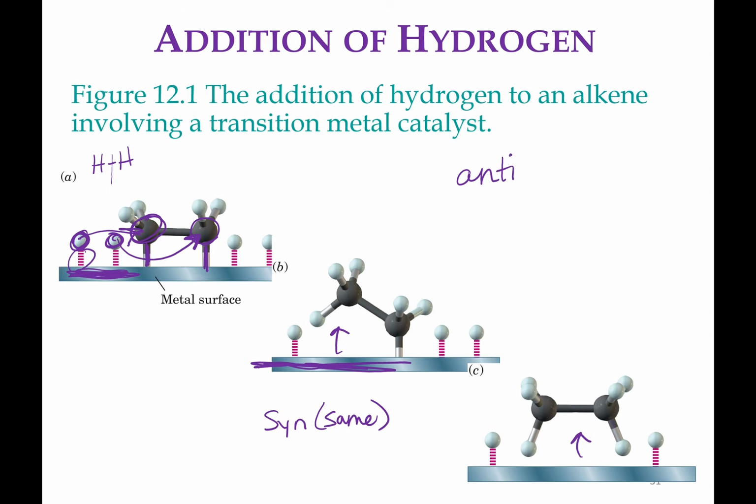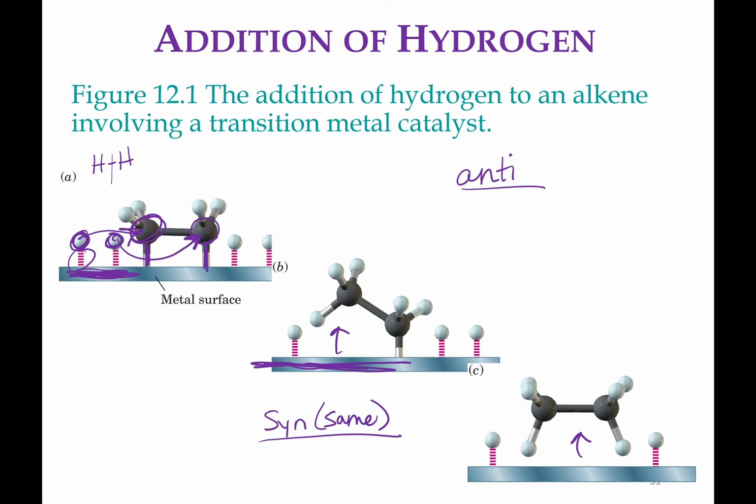So you can actually have a syn and an anti-product depending, not in this case, but depending on the molecule. And remember, if you're taking this further, going into some type of research, or doing organic synthesis, it's important to understand that we have different directions and different products that can form, because sometimes we'll have a front side attack, sometimes we'll have a back side attack, and it might be important.